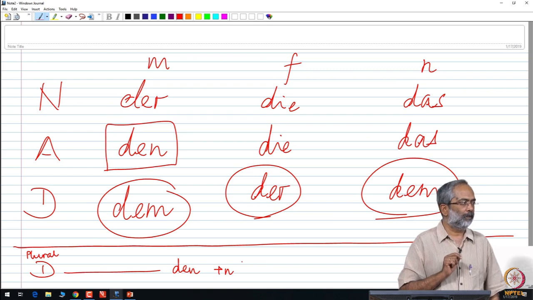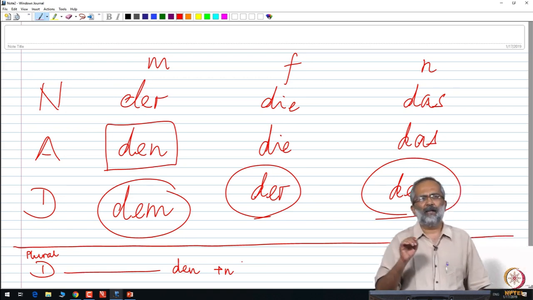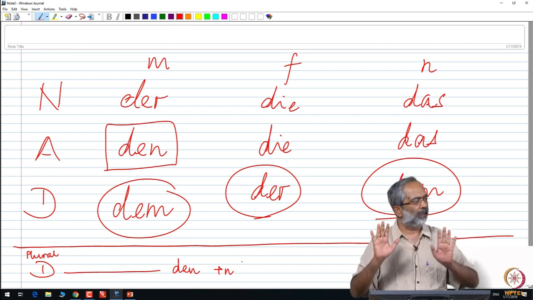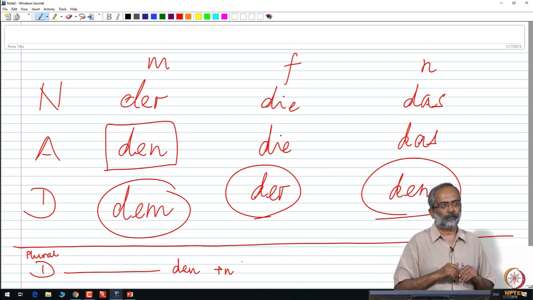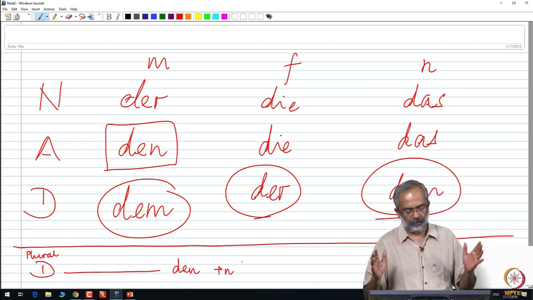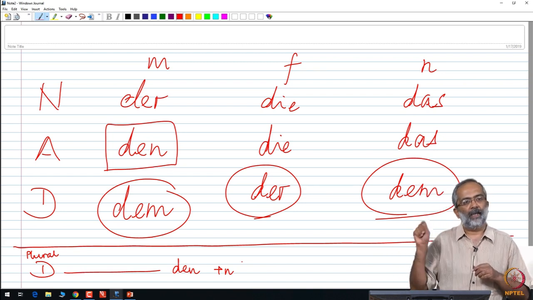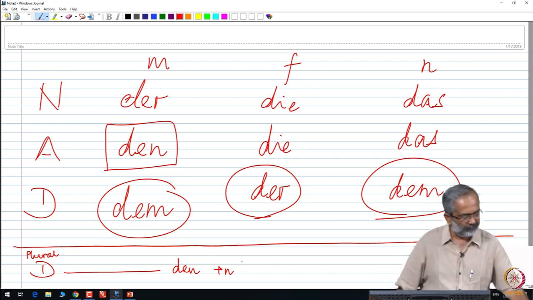There are very few exceptions to this rule where you don't change anything, but by and large, 99% of the cases, you add an n. We'll do an example right away.